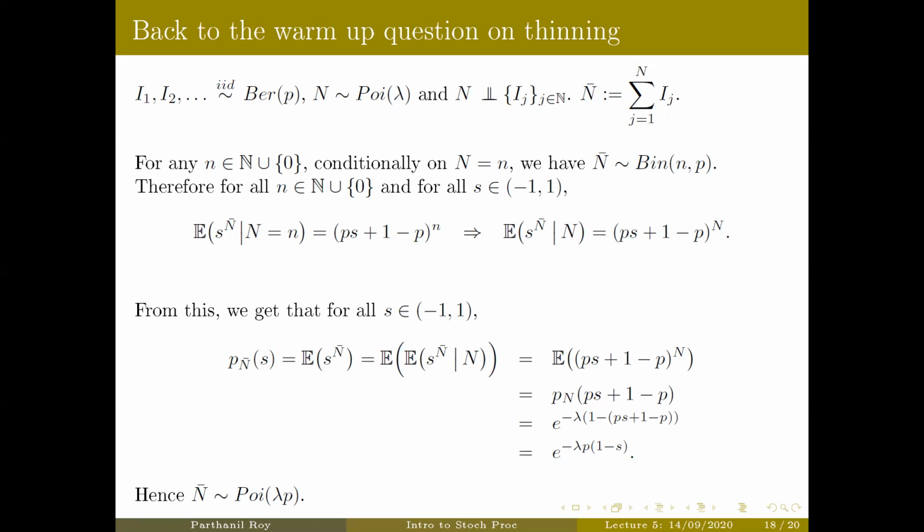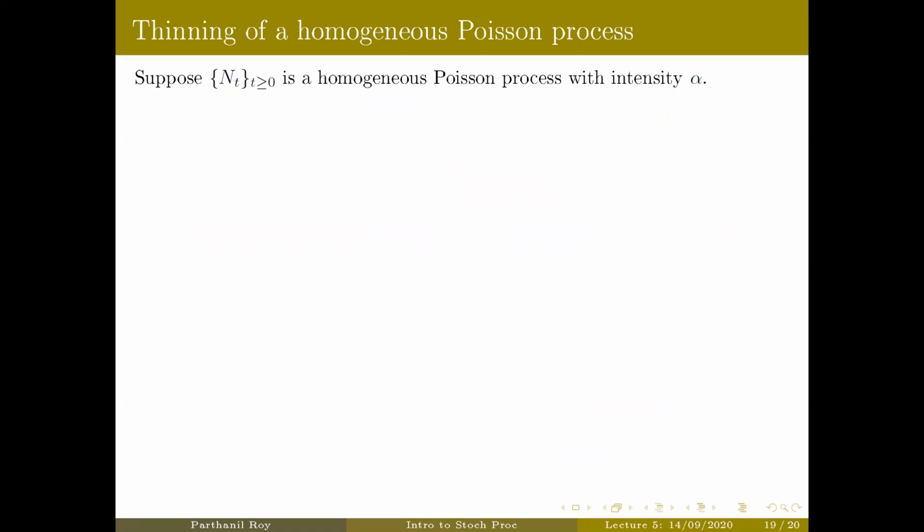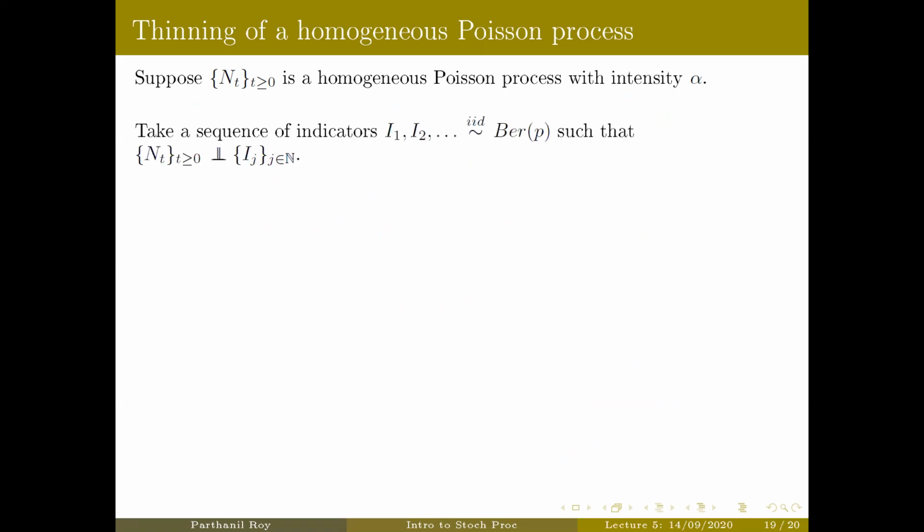Now, let's go to the process level. So, we start with the homogeneous Poisson process with intensity alpha. We take a sequence of indicators I1, I2, and so on, IID Bernoulli(p), such that this sequence is completely independent of the Poisson process N(t).